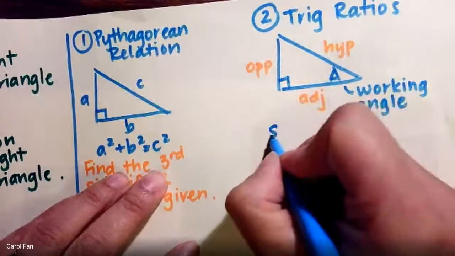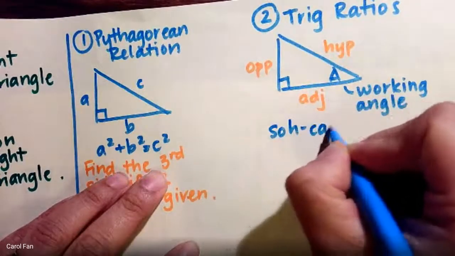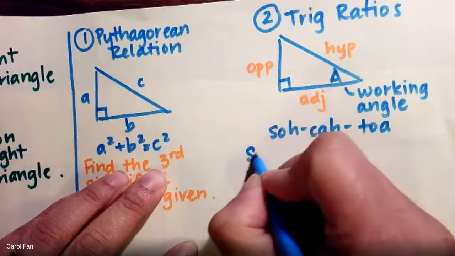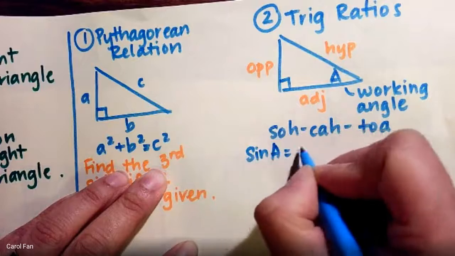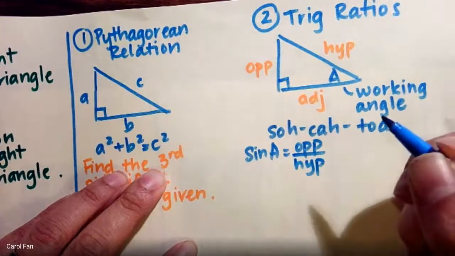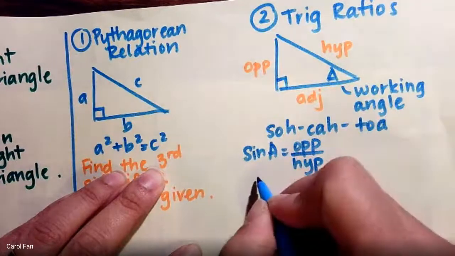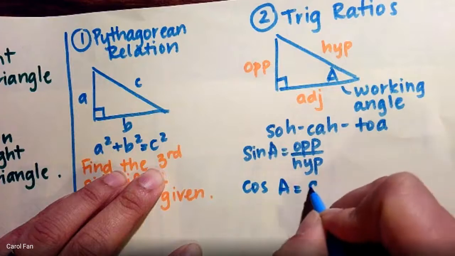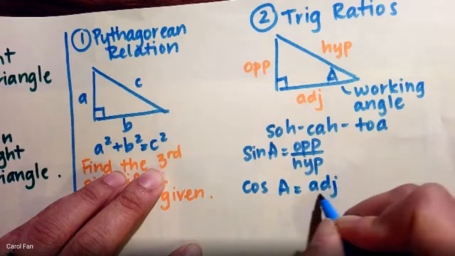We use our SOHCAHTOA, meaning sine of an angle is equal to opposite over hypotenuse. Cosine of an angle is adjacent over hypotenuse.